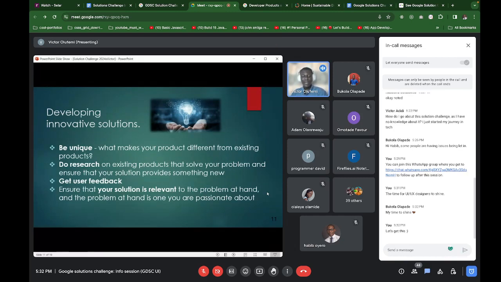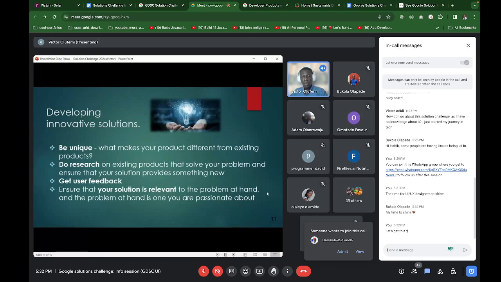So if you're building something around fintech, you don't want to do what everybody has already done. You want to bring in something unique and something that would stand out, right? There should be a catch. Oh, this is a fintech app, but we do this, that. This is a medical app for this, but our own is unique in certain ways.